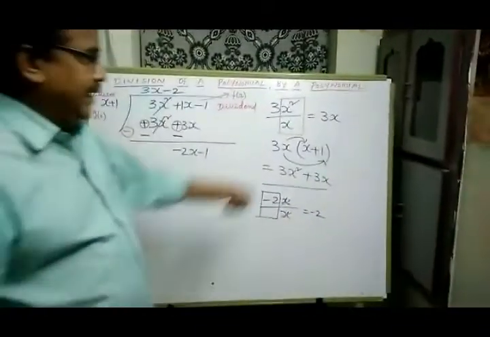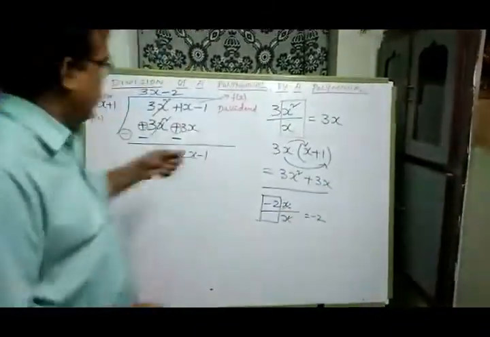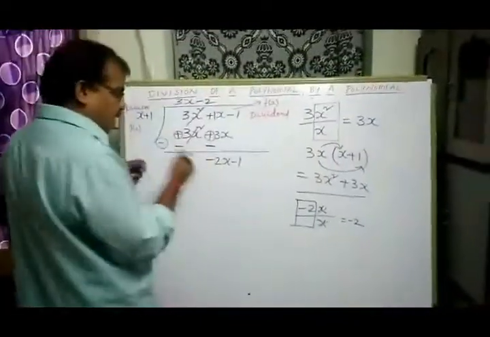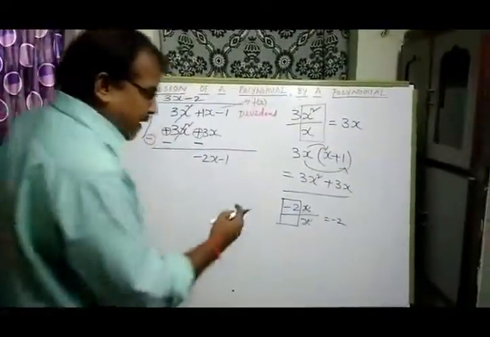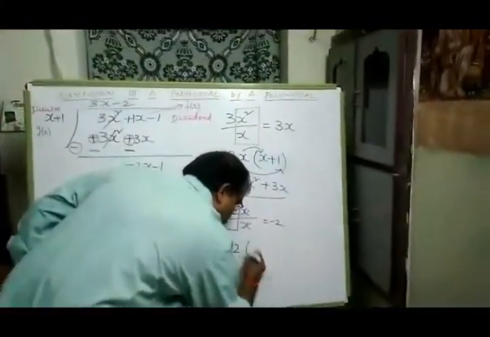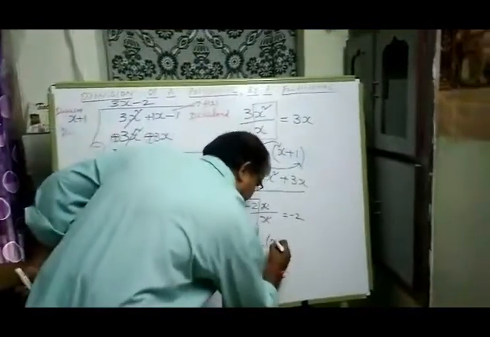3x minus 2 is a partial quotient, and now it is a full quotient. Now this minus 2, the partial quotient, into the divisor x plus 1.